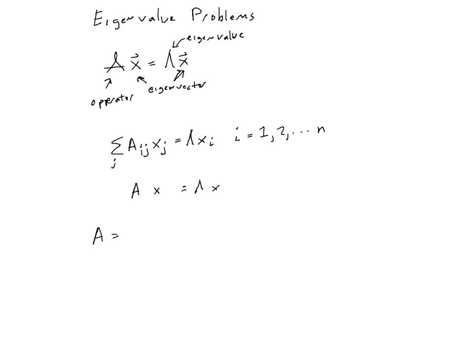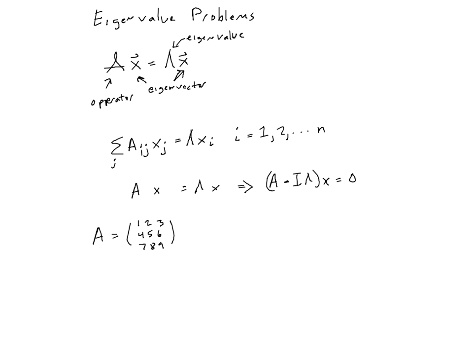And so you might have some matrix A, which is 1, 2, 3, 4, 5, 6, 7, 8, 9. The way you can express this equation is to write it as the matrix A minus the identity matrix times lambda, times x, is equal to 0.